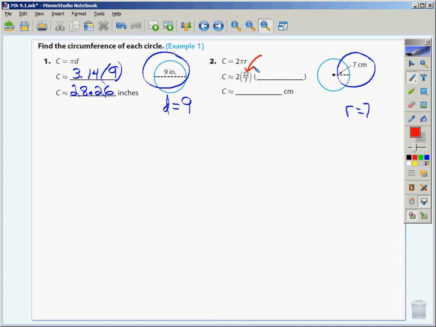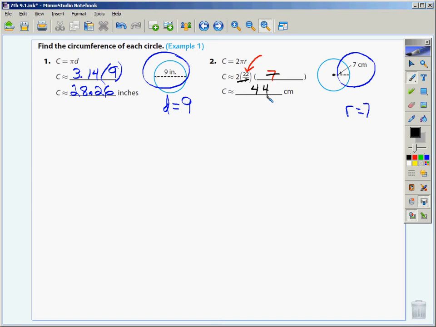If I replace r, what am I going to replace r with? 7. What would happen to these 7s? They'd cancel out. What's 2 times 22? 44. In all fairness, which one was easier to work with?